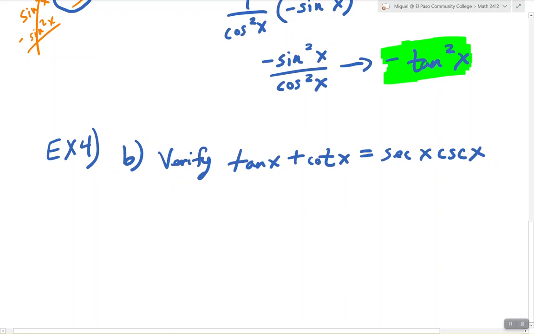So here the more complicated side would be the left side because we have 2 terms that are being added, right? Addition is a little more complicated than multiplication in trig. So we'll work on the left side.